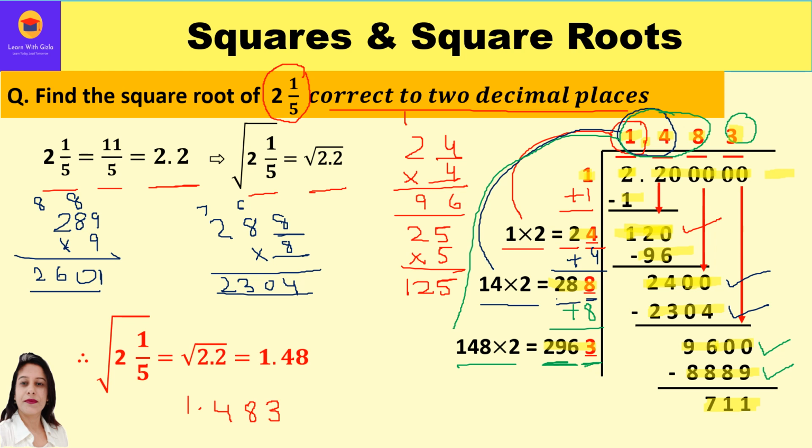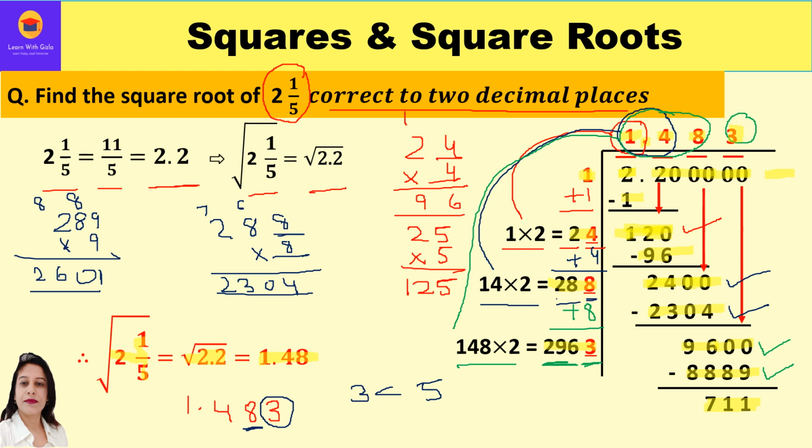So we will check this third place, that is 3. Now this 3 is less than 5, right? So the value at the second place, that is 8, remains the same. So we can say the square root of 2 1 by 5 is equal to root of 2.2, which is equal to 1.48.